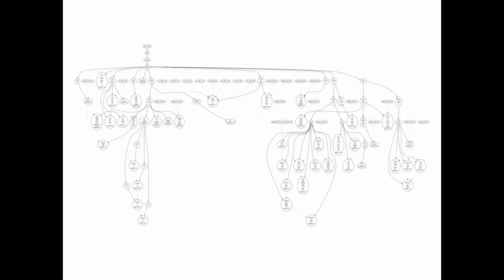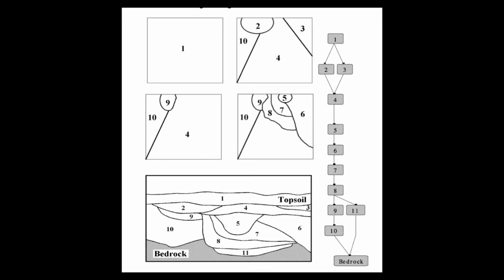There are two other perspectives often used besides the graph, which is mainly concerned with the temporal relationship between the items. You also have a bird's eye view as you're looking down on your trench, and these are all the different baskets as you pull them off of the ground and go down. And you have a cross-section view, where you imagine taking a big knife and slicing the ground and looking at it from the side.